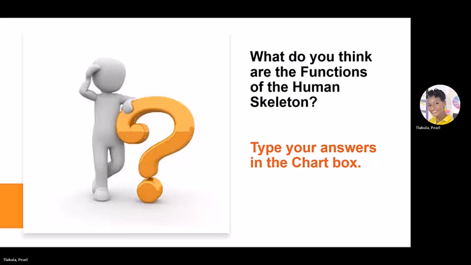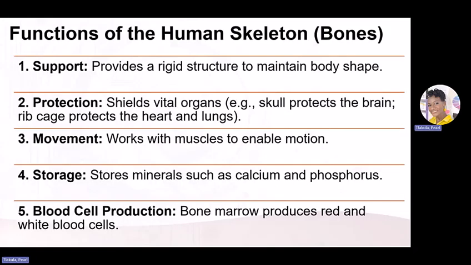Great. So with that in mind, the functions of the human skeleton, which is the bones: the first one is to support. This provides a rigid structure to maintain the body shape. The second function is for protection. It shields vital organs.